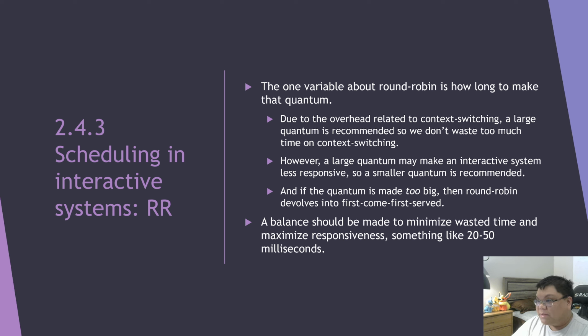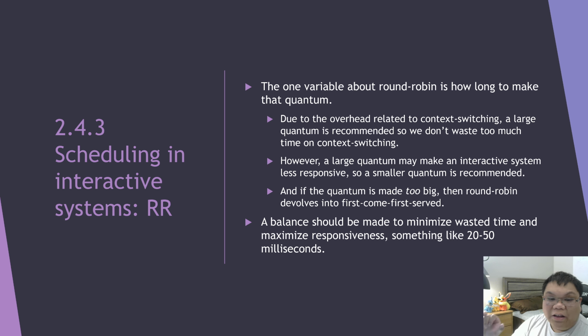So those are steps. And that is overhead. And that means if we want round robin to be effective, we want to run our processes for as long as possible, so we minimize the number of context switches needed.